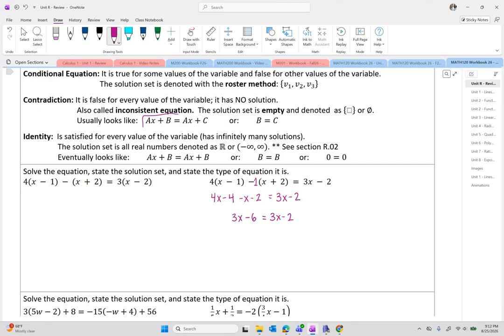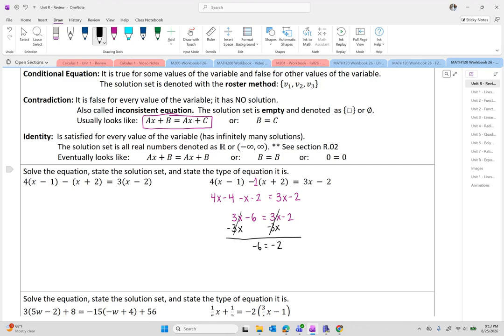So I am in this situation where I have the same variable term on the left and on the right, and different constant terms on the left and on the right. So I can stop here and say that this is inconsistent. I could also try to move the x from the right to the left. It will give me negative 6 equals negative 2.